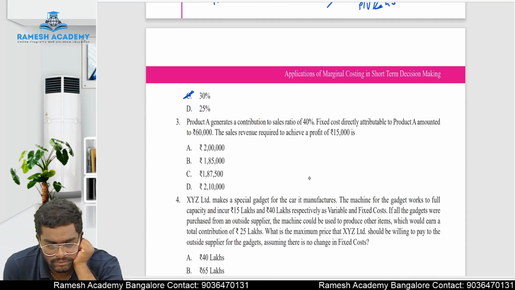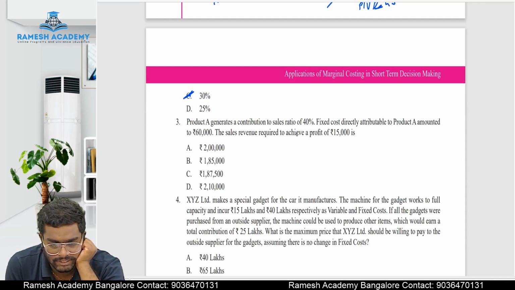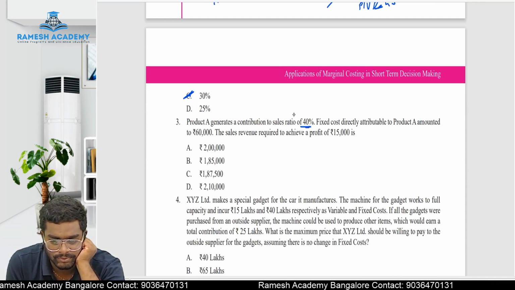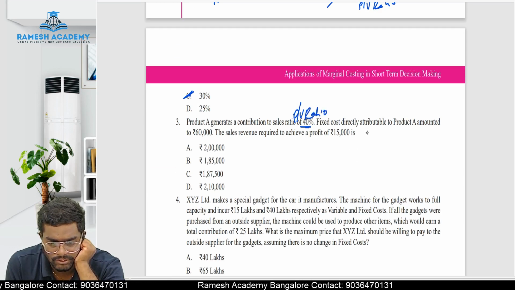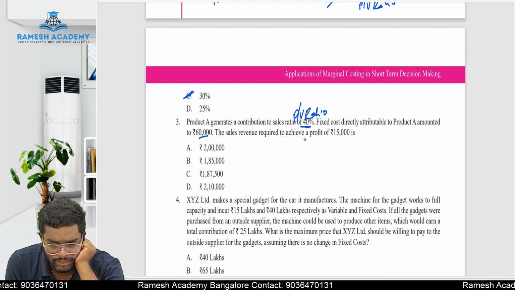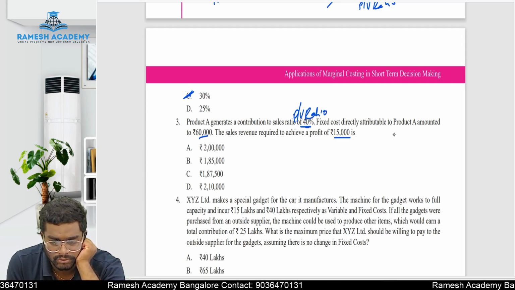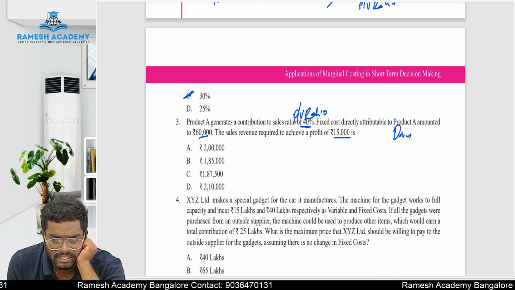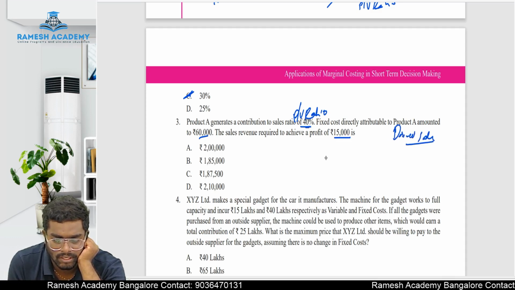Please try the third one. Product A generates a contribution to sales ratio, which means PV ratio is 40% here. Fixed cost directly attributable to product A amounted to 60,000. Sales revenue required to achieve a profit of 15,000. So this question is based on desired sales. What is the formula?